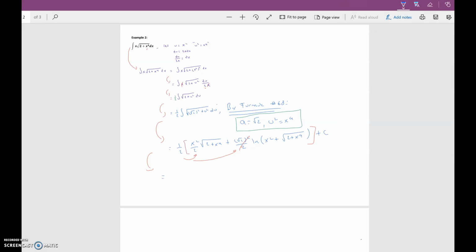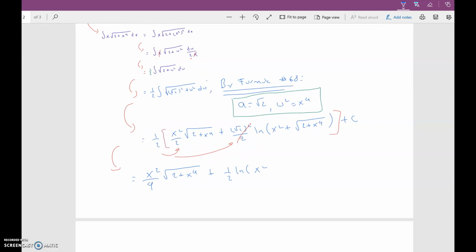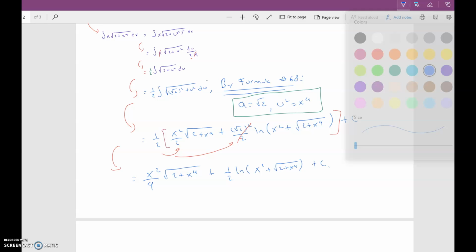So this is equal to x squared over 4 times the square root of 2 plus x to the fourth, plus technically 1/2 ln of x squared plus the square root of 2 plus x to the fourth, plus c.